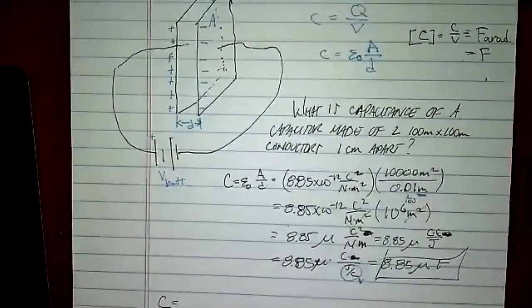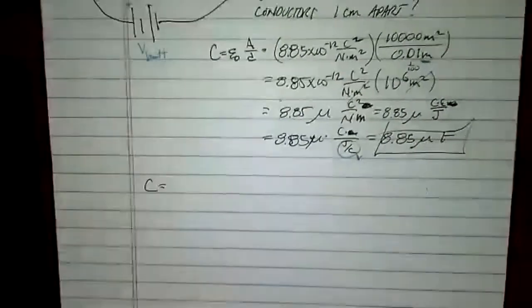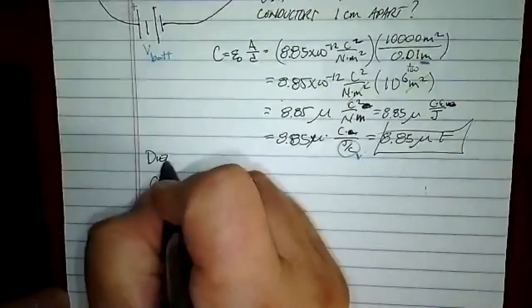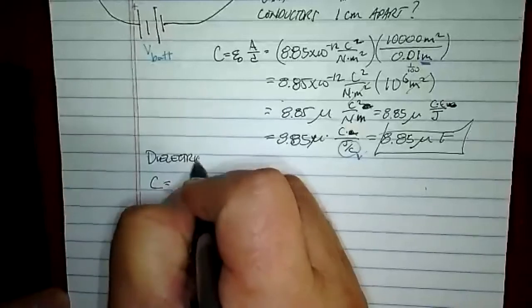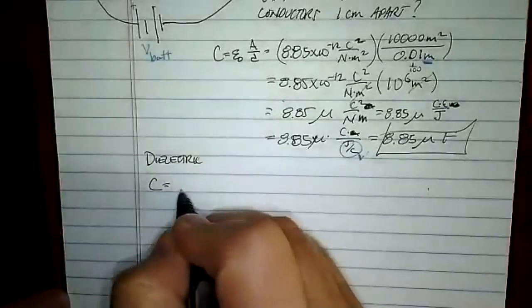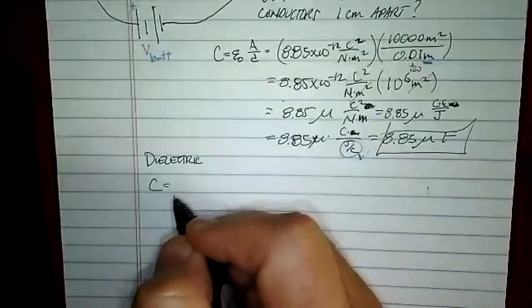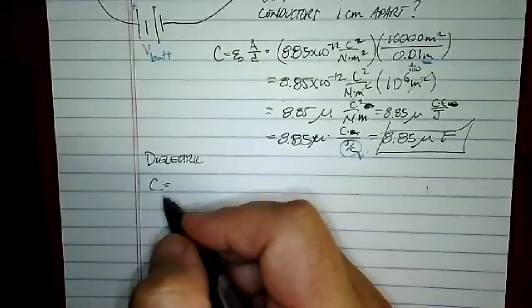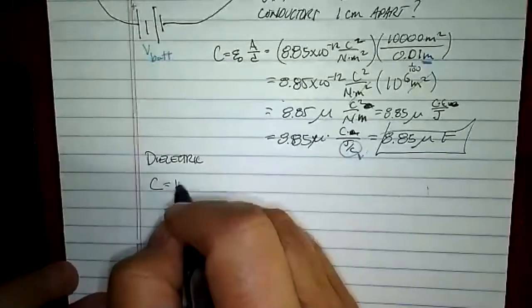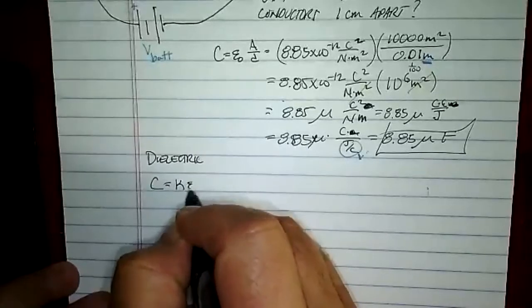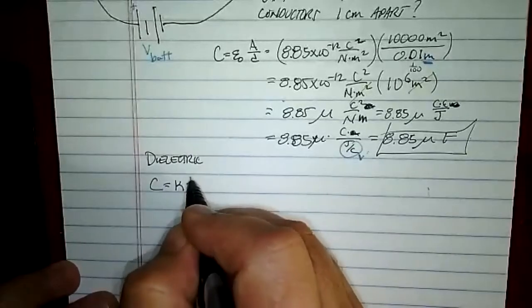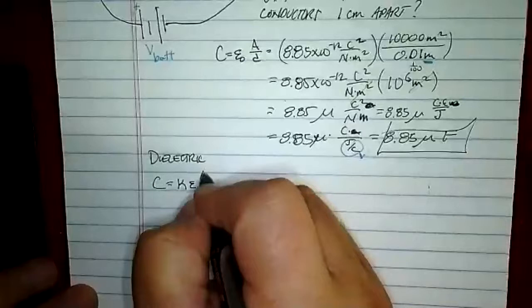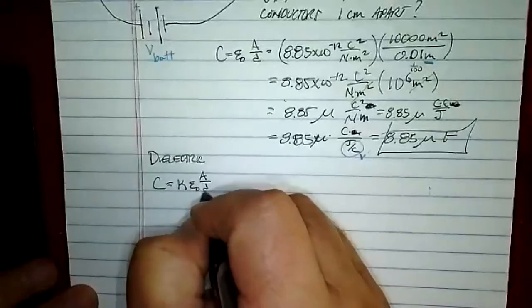So the capacitance now, once you put a dielectric in there, becomes, instead of just epsilon 0 A over D, it's multiplied by a little kappa called the dielectric constant times epsilon 0 A over D.